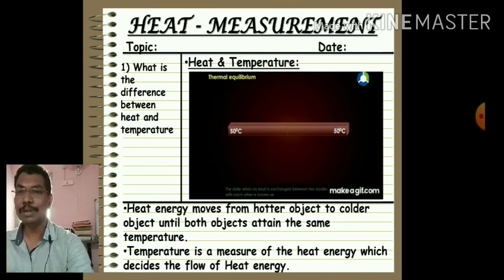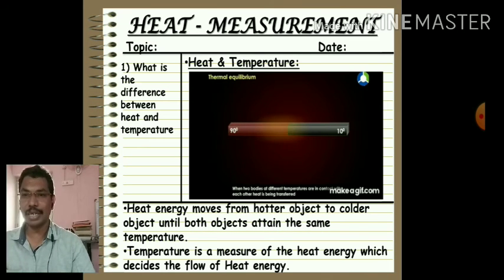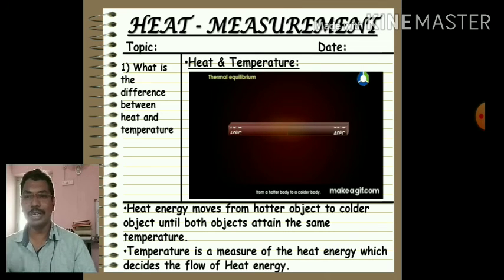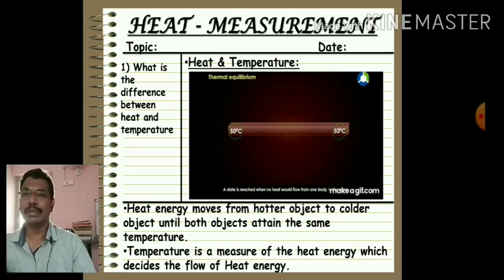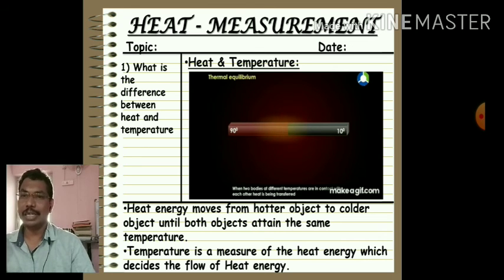And temperature is a measure of the heat energy, which decides the flow of heat energy. See, both temperature and heat seem to be similar, but they are not similar. Heat is a form of energy, and temperature is the measure of that heat energy. It decides the flow of heat from the hotter body to the colder body.